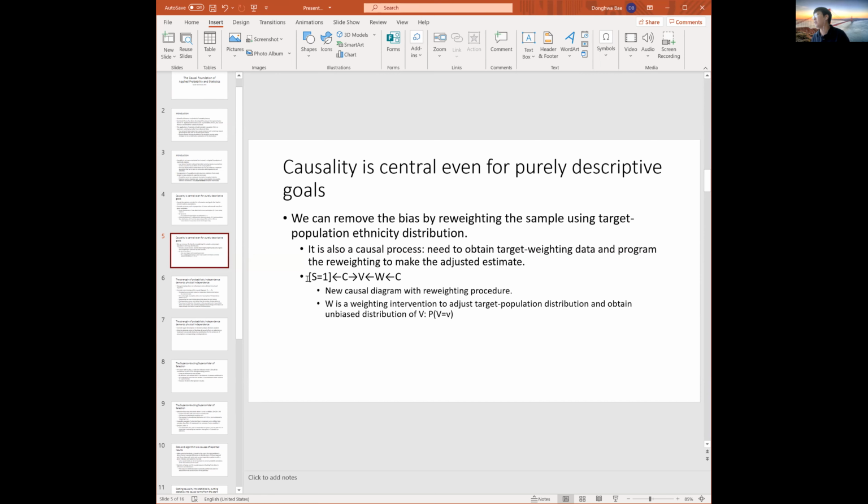And if we found that the distribution of C in the population is 50 rich and 50 poor, we need to reweight the distribution to adjust the estimate for the V distribution. So that is the reweighting part in here.